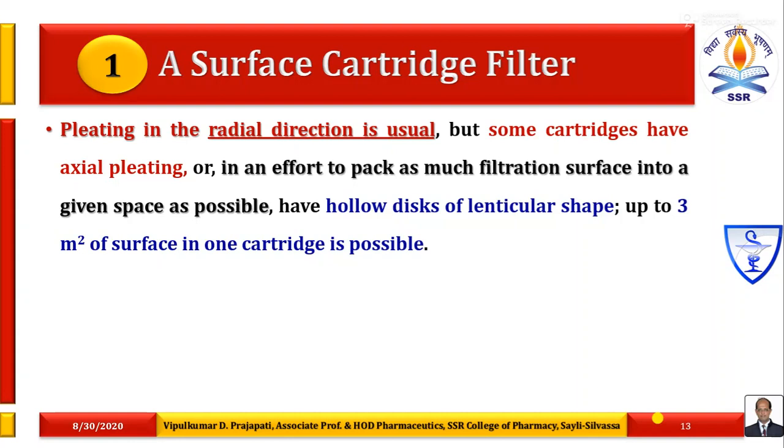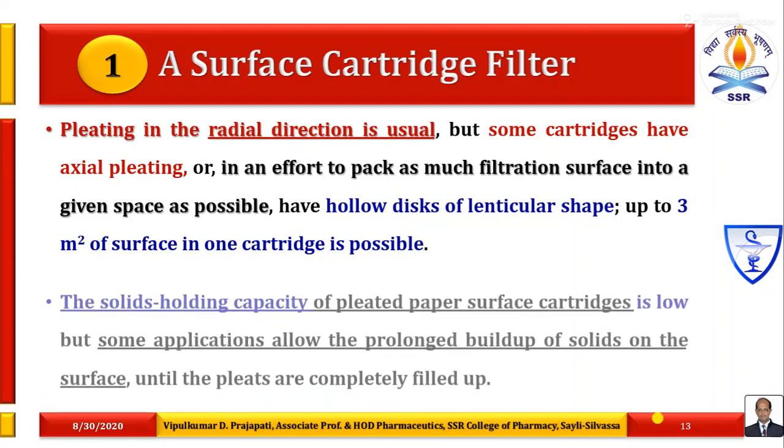So generally pleated paper surface cartridges are available. In a single unit the high surface area is there, so the rate of filtration is good in batch process filtration.